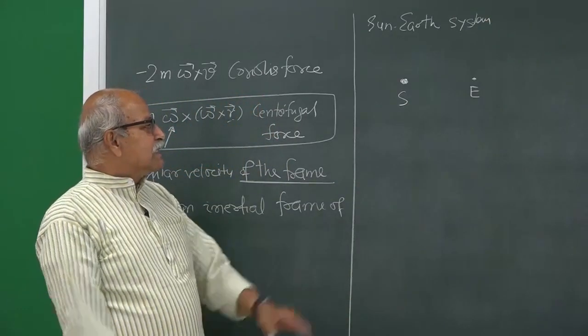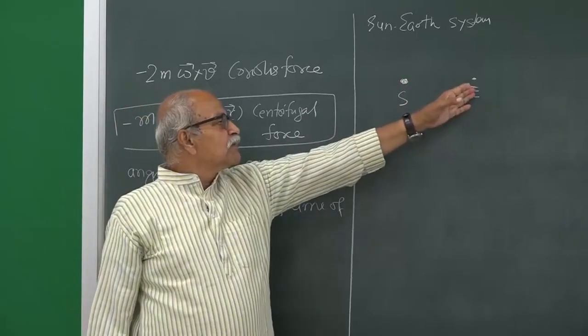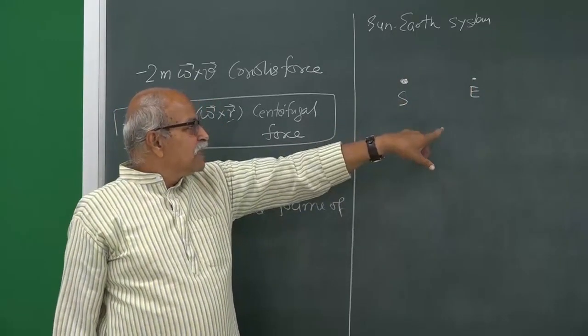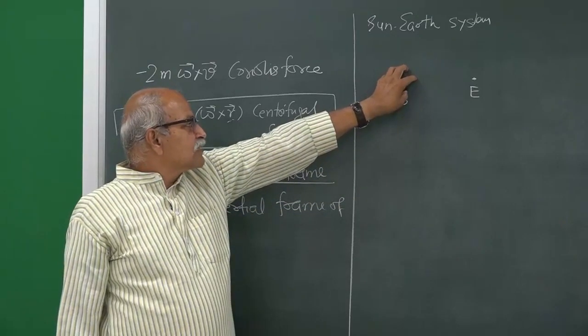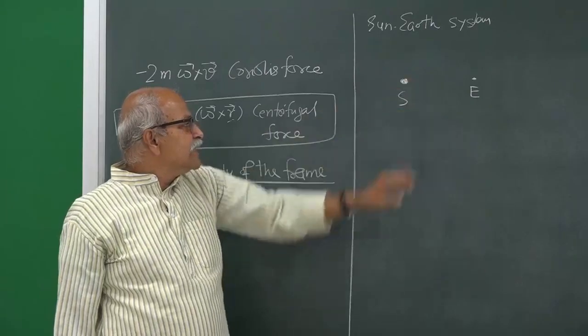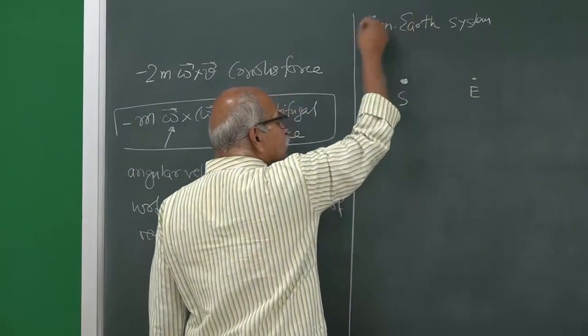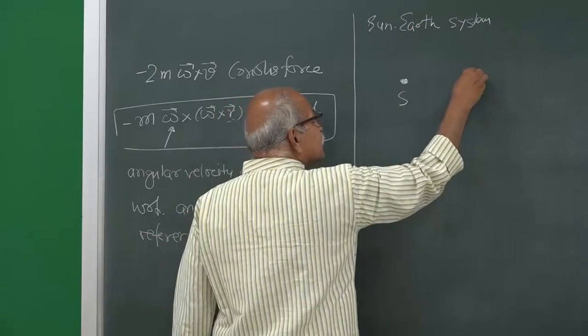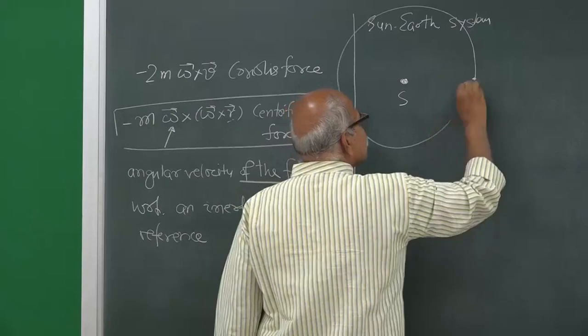Even if you consider the finite mass of the sun, this two body problem can be reduced to one body problem, and you can always assume that the center of force is fixed in inertial frame, and this orbit is almost circular. The eccentricity is very small.